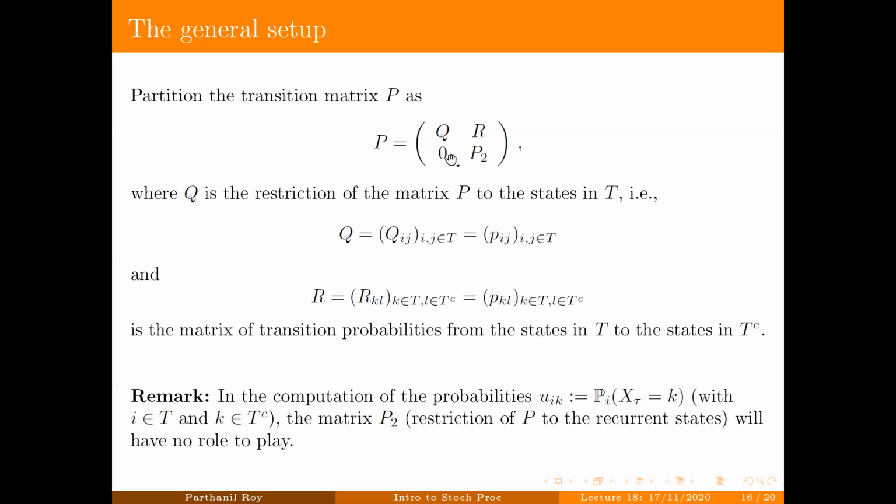So how the transition happens between the recurrent states is not going to play any role in the computation of this probability, because it can be computed from just the matrices Q and R. It's always about how a transition happens between the transient states, and finally how it happens from one transient state to K. And before this K, there is no other recurrent state being hit. So the part P2 is completely redundant for this calculation.